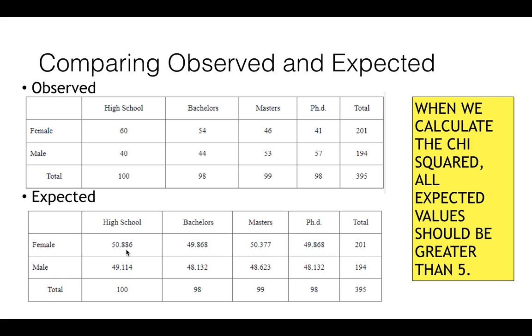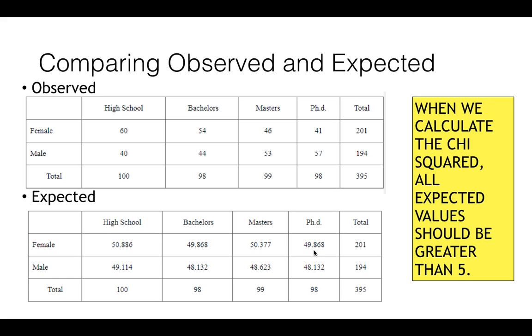You should have 50.886 for high school educated females, 49.114 for high school educated males. We then go on to 49.868 for bachelor's females and 48.132 for bachelor's males. 50.377 for master's females and 48.623 for master's males.